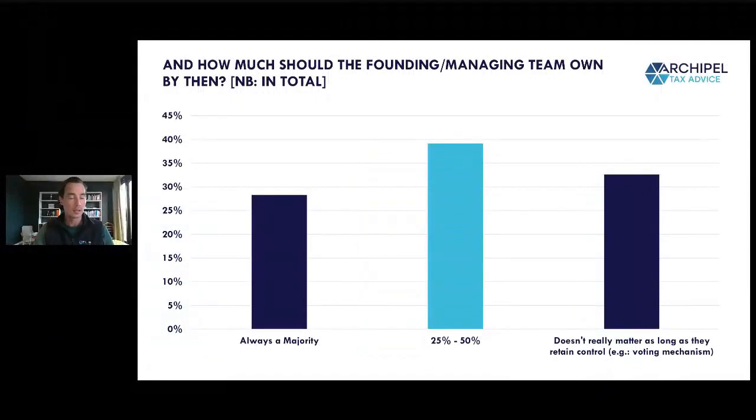There's ways to still have over 50% of the voting rights, even though you don't own over 50% of the equities. Turns out most people answered somewhere between 25 and 50%. It's okay to drop below half once you get to a public phase. Good to know. That also shows you how much room you have left for investors and staff.